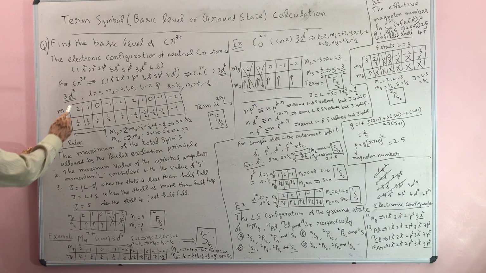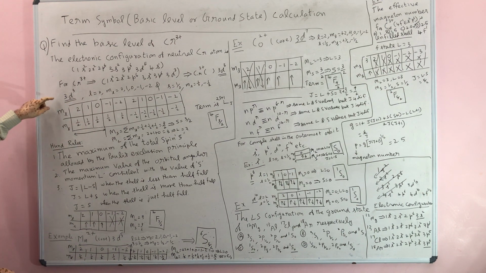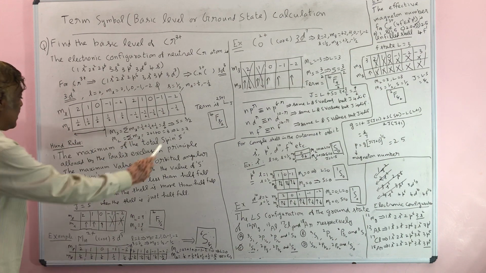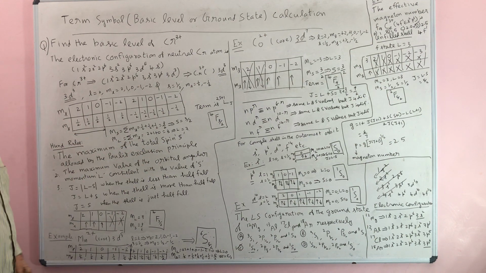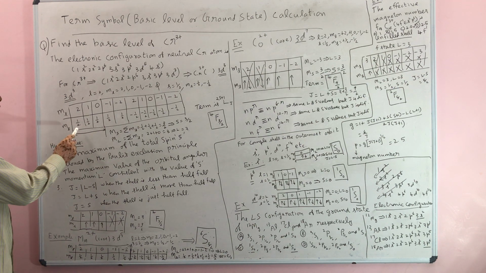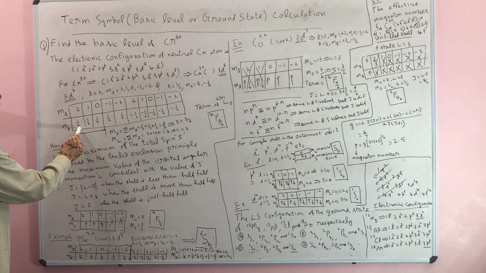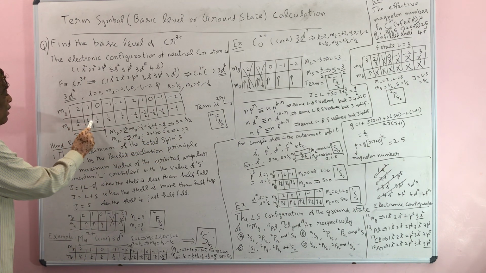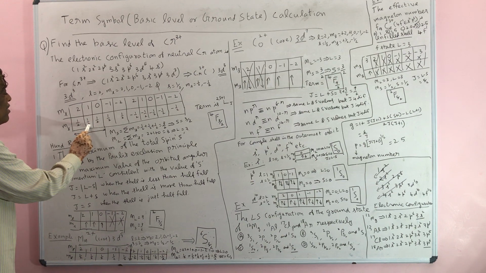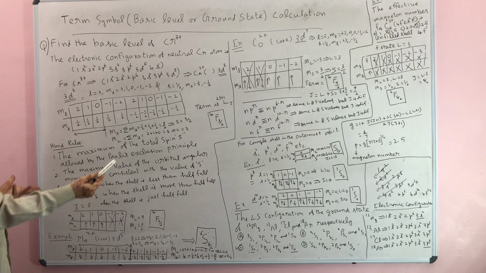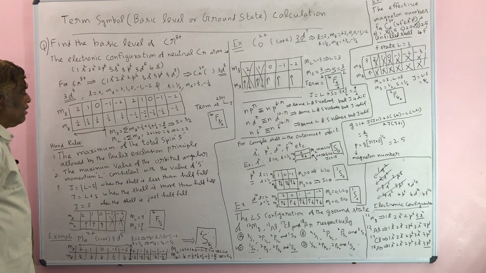Now how to find the ground state? In order to find the ground state, you have to follow Hund's rules. The first rule is the maximum total spin S allowed by Pauli's exclusion principle. Maximum spin is possible only if you take all plus half, plus half, plus half, or you can take minus half, minus half, minus half.